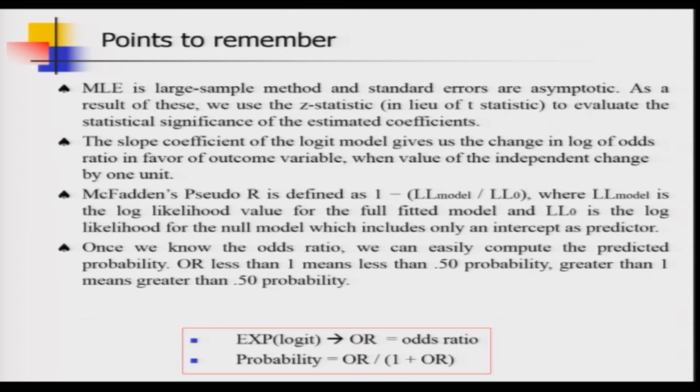Now, before we end our discussion on the theory of logistic regression, we have to keep certain points in mind, and these are all important points. Here I am going to talk about the first important point, which is a major departure from the OLS that we have been doing so far.